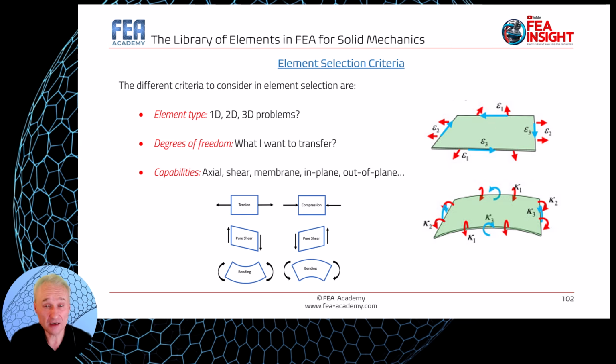Moreover, not all elements are compatible with all material properties. For example, some elements do not support anisotropic or orthotropic material properties. You have to keep that in mind when you select your elements.